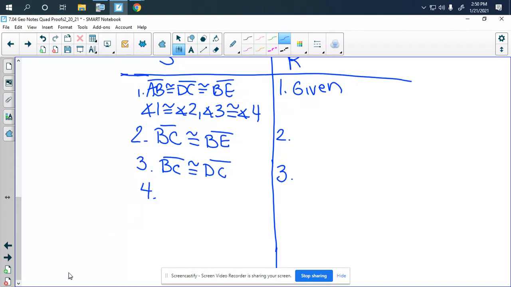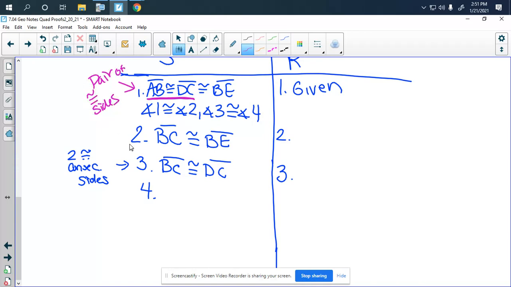Next, I've got 2 congruent consecutive sides, but I need it to be a parallelogram in order for it to be a rhombus. So I need a parallelogram with 2 congruent consecutive sides. I already have segment DC congruent to AB right here, so I have a pair of congruent sides.